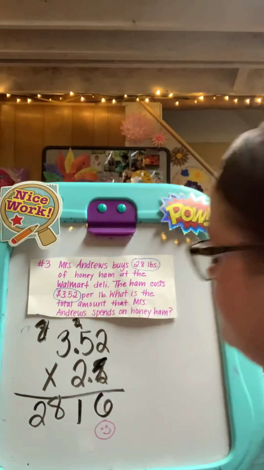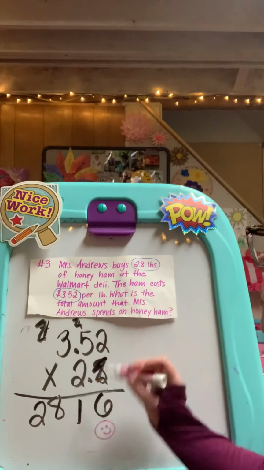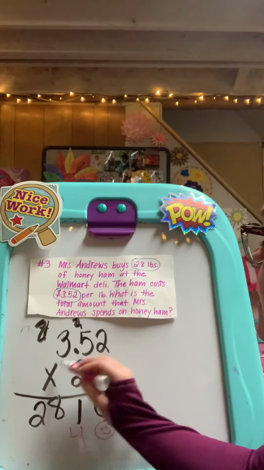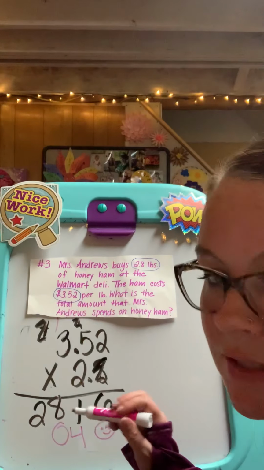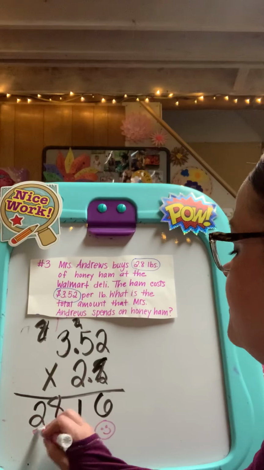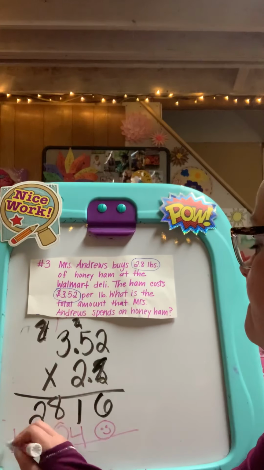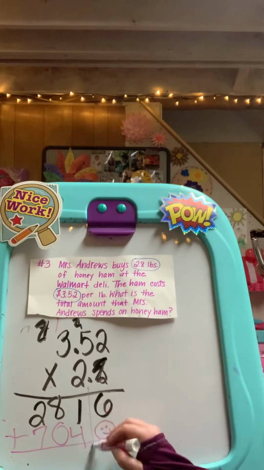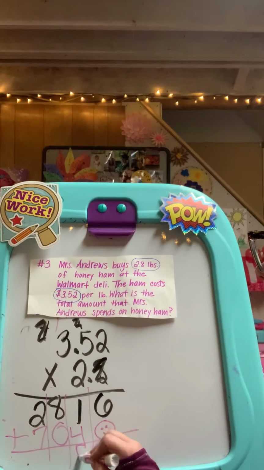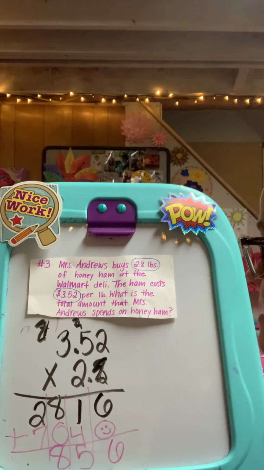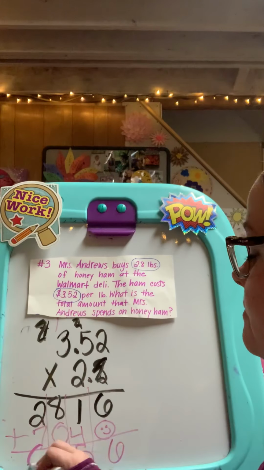And then I'm moving over to the 2. 2 times 2 is 4. 2 times 5 is 10. 2 times 3 is 6. Plus the 1, 7. Line it up, add it up. Nice and neat. 6, 5, 8, 7, 8, 9.